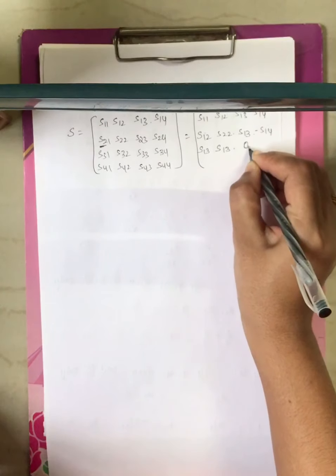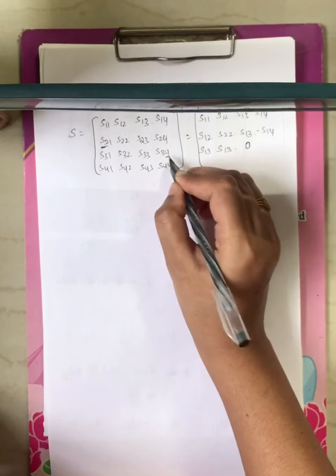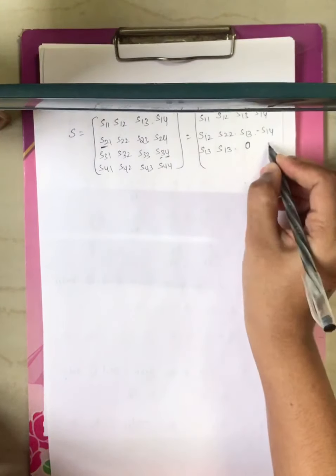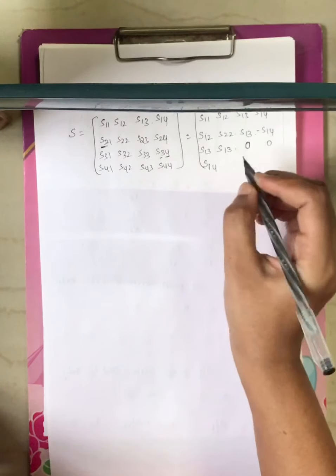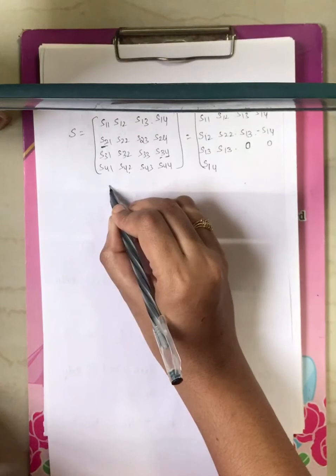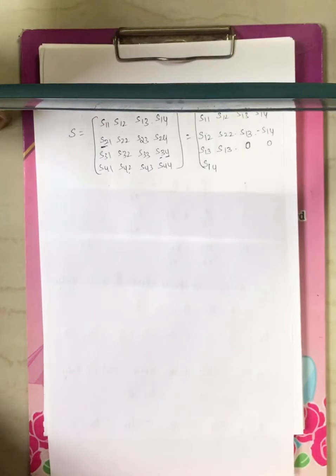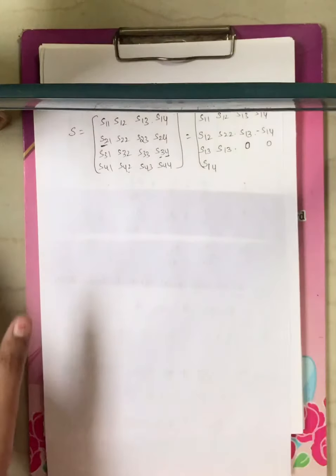Now port 3 is perfectly matched, so S33 will be 0. Input given from port 3 and output collected at port 3 is 0. Now S41 equals S14 from the symmetric property. Now S42 equals S24 from the symmetric property, and S24 equals minus S14 from the E-plane T property.